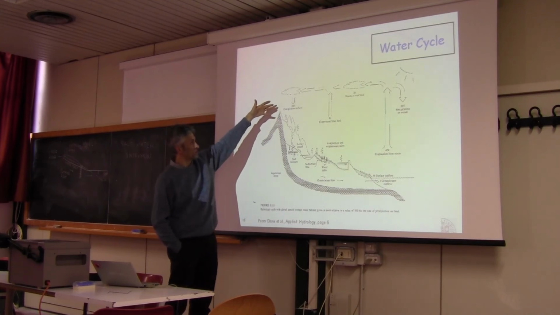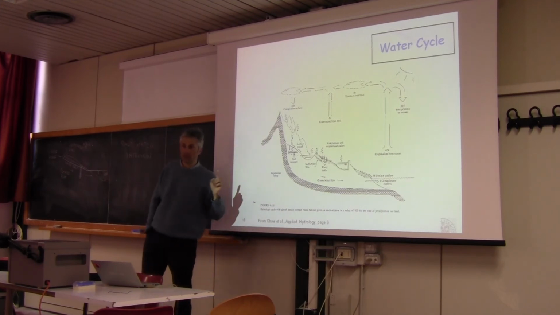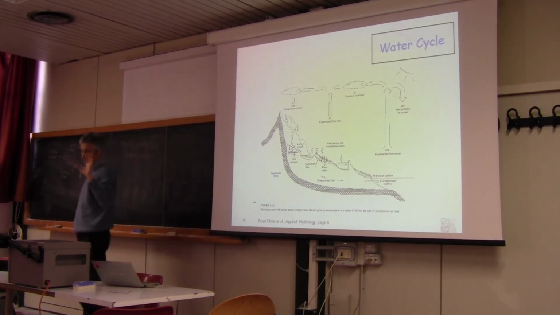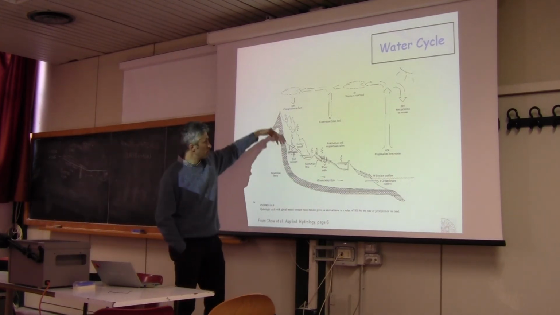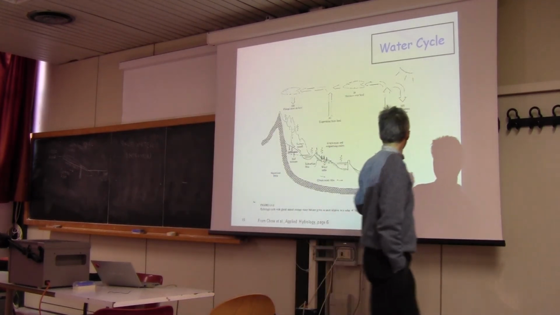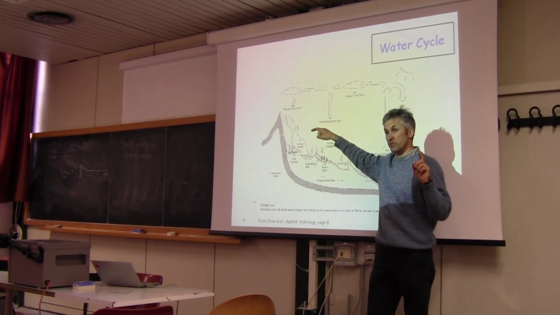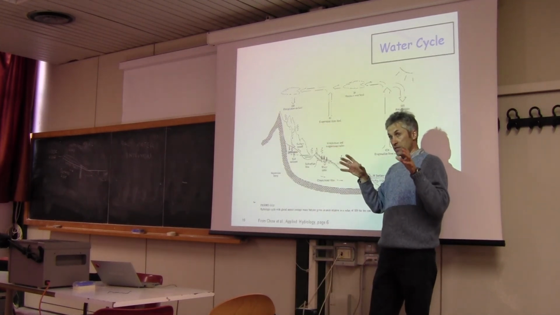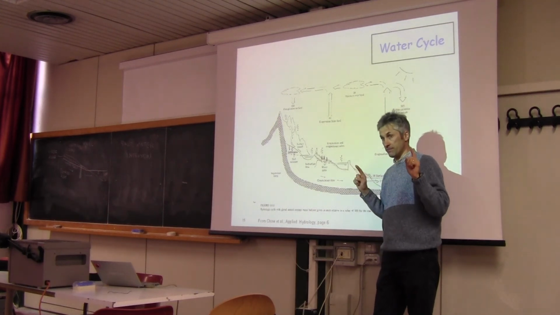So let's assume here that the precipitation on land is equal to 100, just to make a reference. And let's see what is the amount of the fluxes compared to precipitation on land. Evaporation from land is 63, which means that 63% of what rains on the land evaporates.